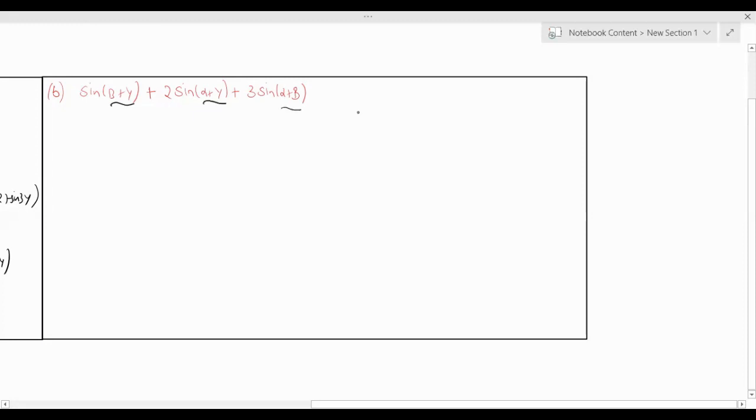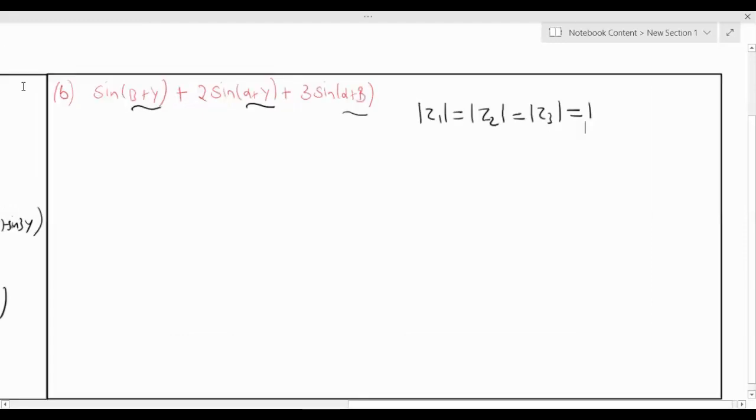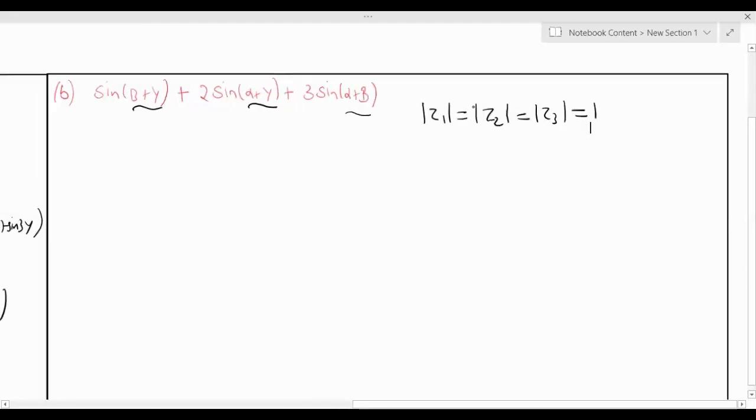To solve this problem, I'm going to use the fact that modulus of Z1 equals modulus of Z2 equals modulus of Z3. We have taken Z1, Z2, Z3 as e power I alpha, and we very well know that its modulus is always equal to 1. So this is the fact which is going to be used.